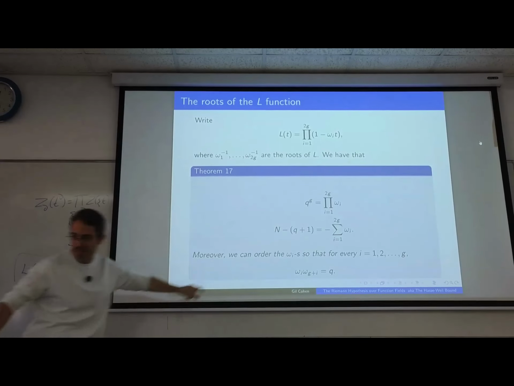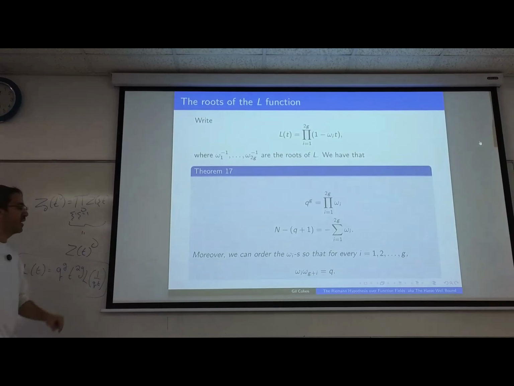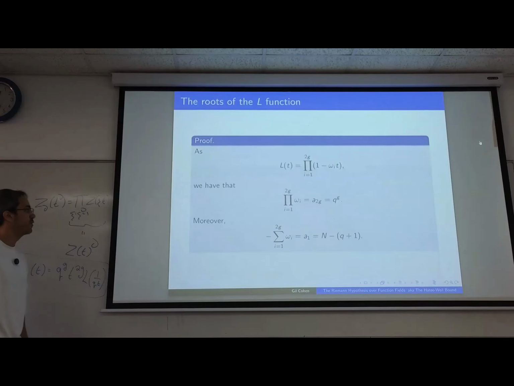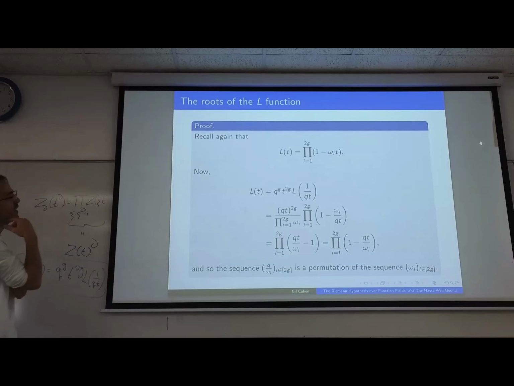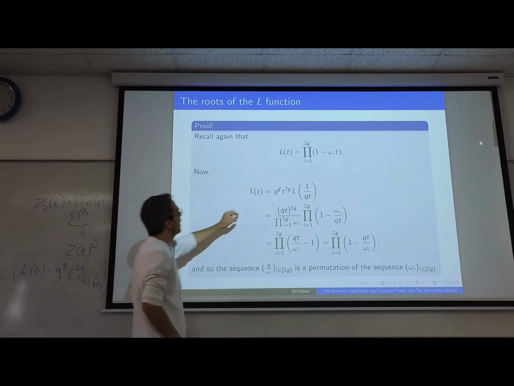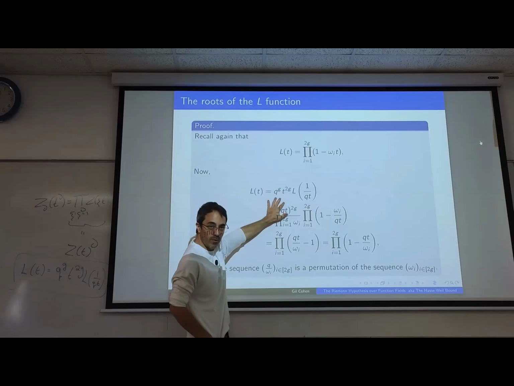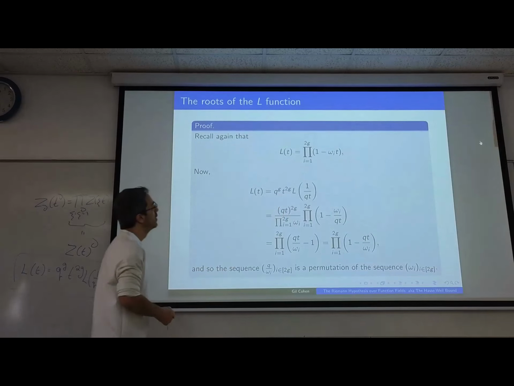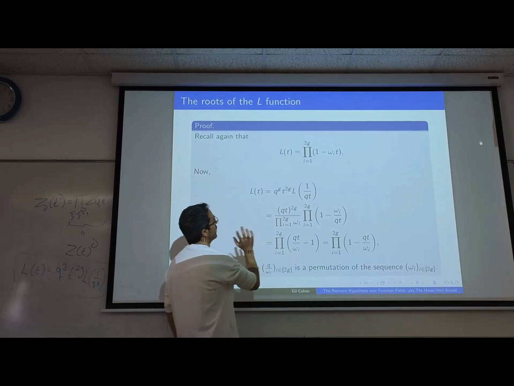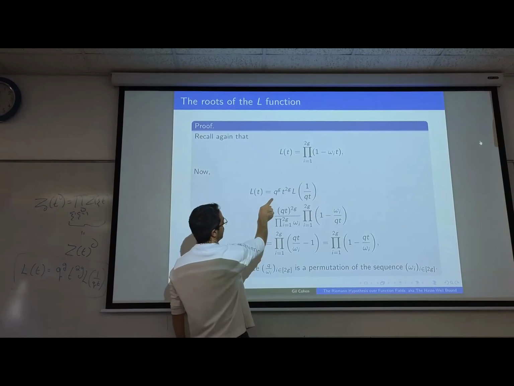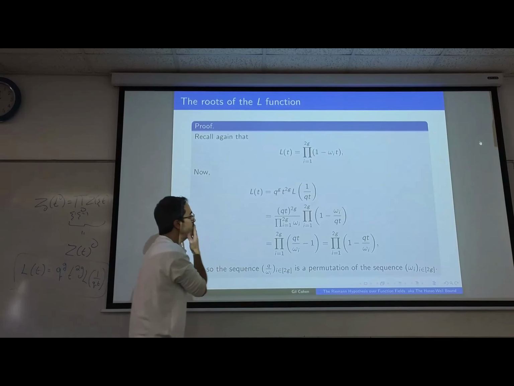Let's prove that you can pair the omega i's together, such that each pair has product q. So let's see. So that's the L polynomial again. And I'm using the functional equation for the L polynomial, which was that. And now, okay, so what am I doing? So you have q to the g, t to the 2g.